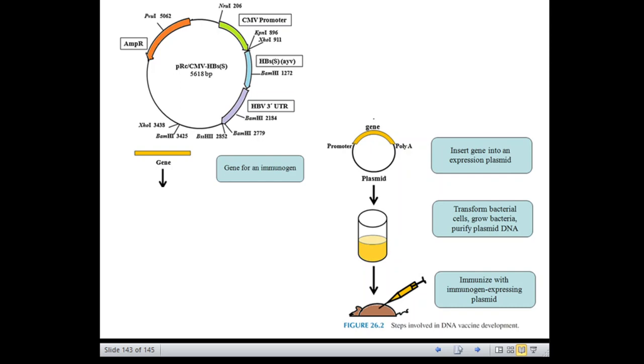Number one, the antigen expression unit composed of promoter or enhancer sequences, followed by antigen encoding and polyadenylation sequences. And number two, the production unit composed of bacterial sequences which are necessary for plasmid amplification and selection.